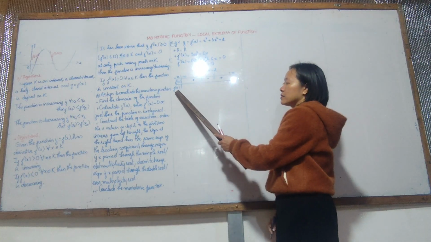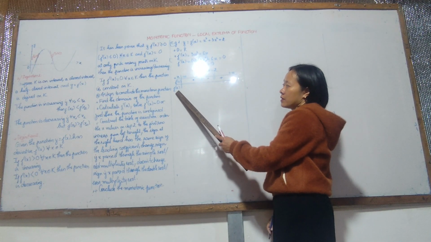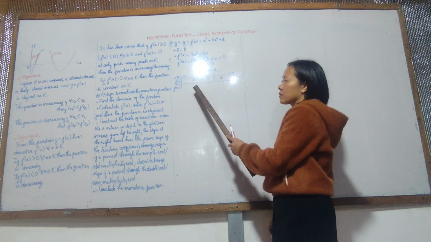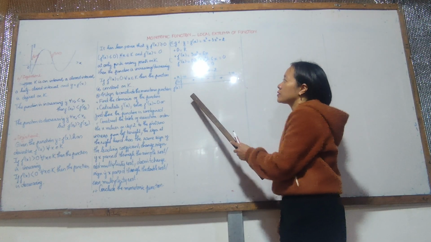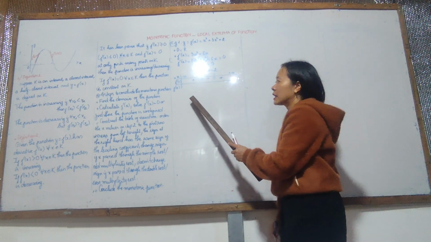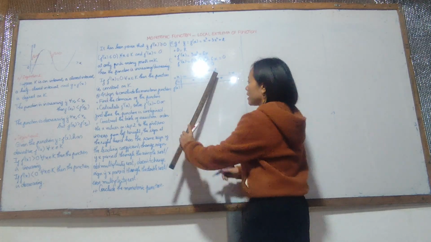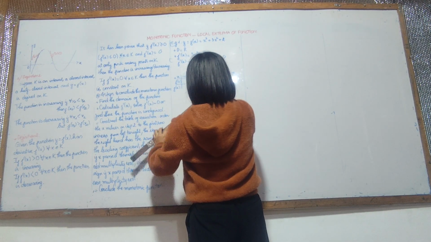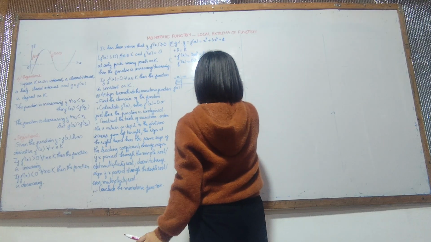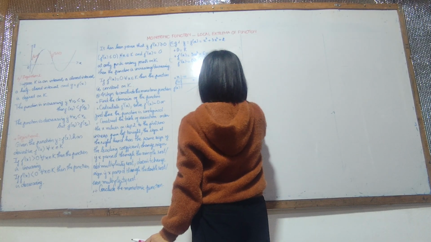In the third row, we will represent the monotonic function by using the arrow up and down, up and down.